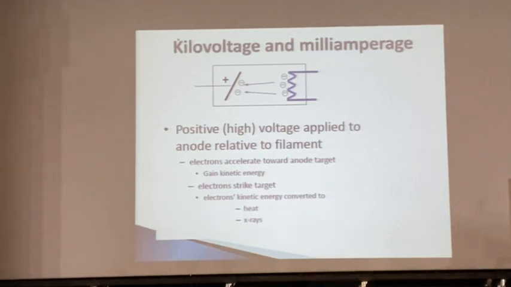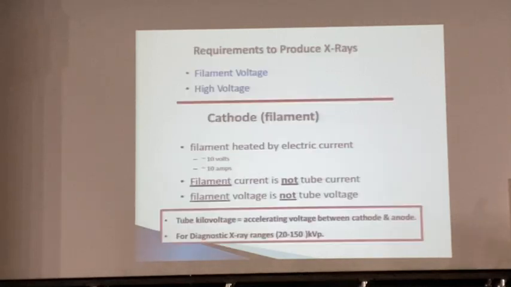This acceleration is done by applying the tube voltage, which is of high voltage, about 20 to 150 kilovolts. The function of the tube voltage is to accelerate the electrons from the cathode toward the anode. Is that clear? It should be high.